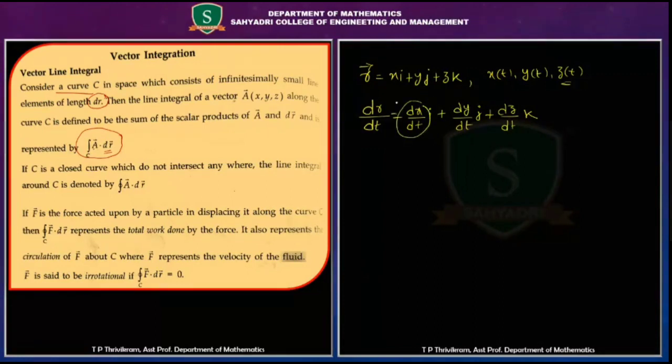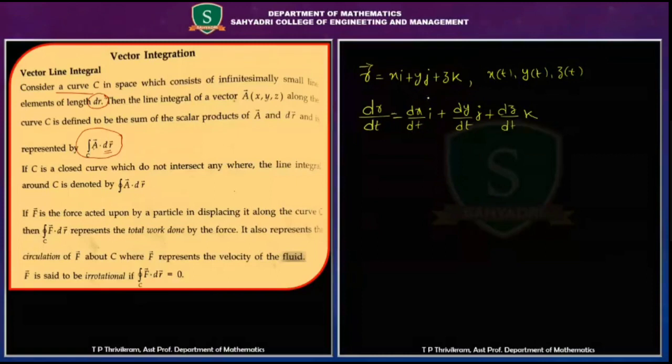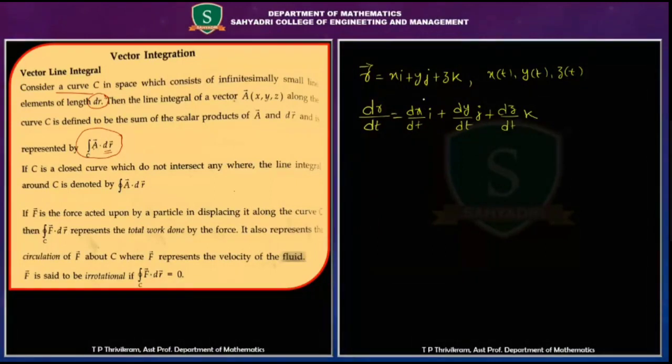If this is not a function of t, then what happens to the derivative? 0. So directly you will put 0. So that thing you have to remember. Whenever x, y, z are functions of t, then only we can write like this.